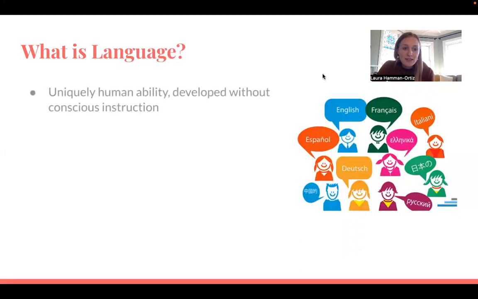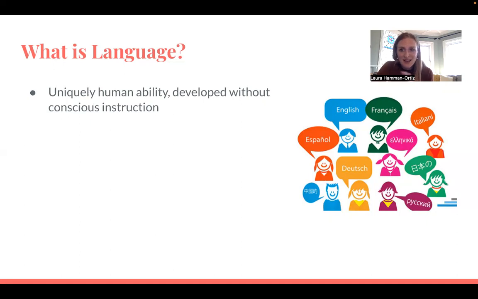So first and foremost, language is a uniquely human ability. Each baby and small child develops language without conscious instruction. They don't sit down and learn language by somebody speaking it to them. They learn it through picking it up, through interactions with adults and with other children, some instruction, but it's minimal.